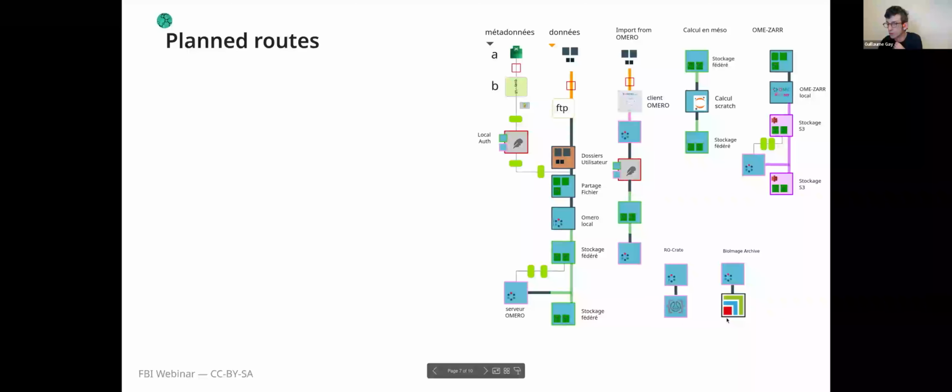So we hope to provide an easy way to go from our data to RO-Crate, either locally or directly on the Mesocenter. And similarly, as I was saying, make it super easy to export to a BioImage Archive the data that you deem valuable enough to be published, or once it's associated with a publication.